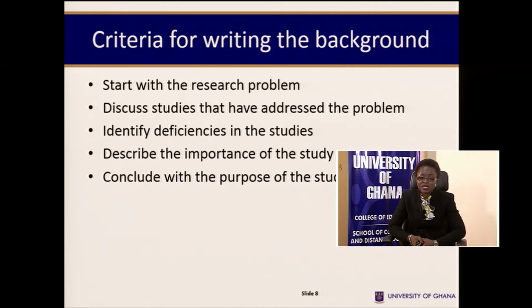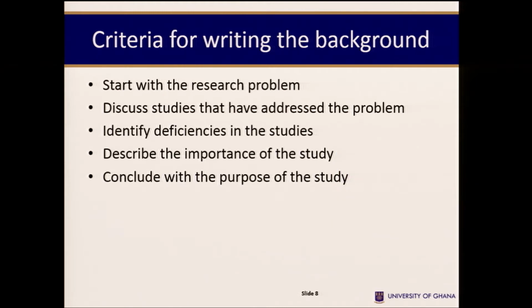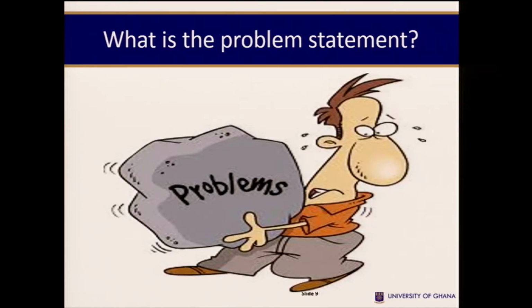And so you describe the importance of those studies that you have reviewed, and then the importance of your research, and then finally you will conclude nicely with the purpose. In this conclusion, you are also coming up with some gaps that you have identified in the literature that you wish to cover in your research. So that is the background.